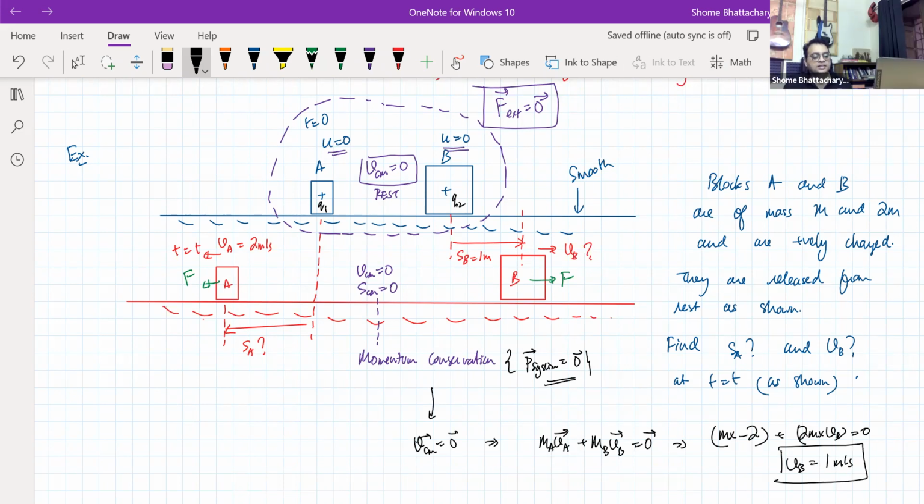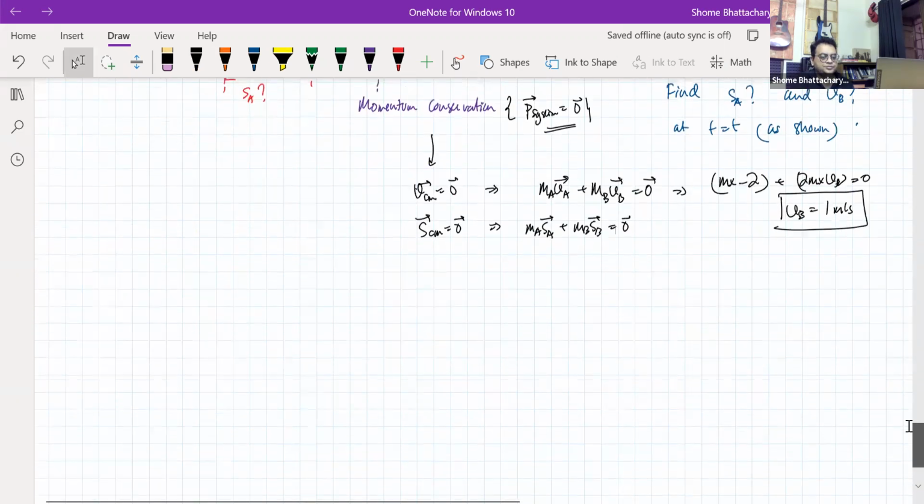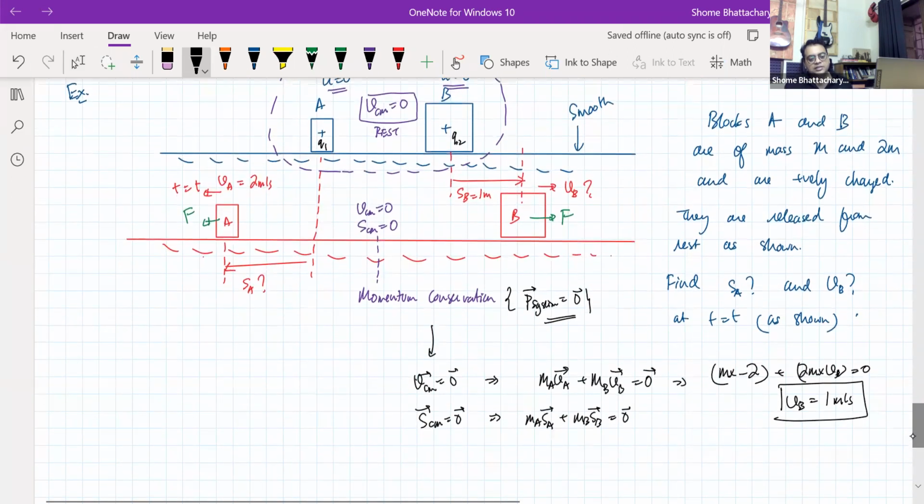And displacement of the center of mass is 0. So mass of A into displacement of A plus mass of B into displacement of B should be 0. Displacement of A is a negative quantity here, as we'll see when we calculate. So m into SA plus 2m into displacement of B, which is plus 1 meter, is equal to 0.